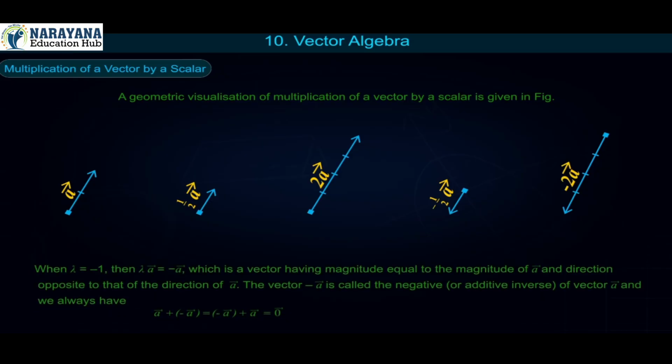When lambda is equal to -1, then lambda a equals minus vector a, which is a vector having magnitude equal to the magnitude of vector a and direction opposite to that of vector a. The vector minus a is called the negative or additive inverse of vector a, and we always have a + (-a) = (-a) + a = vector 0.